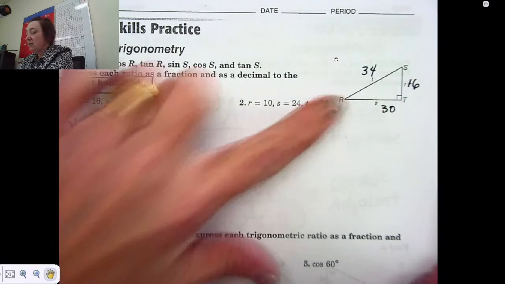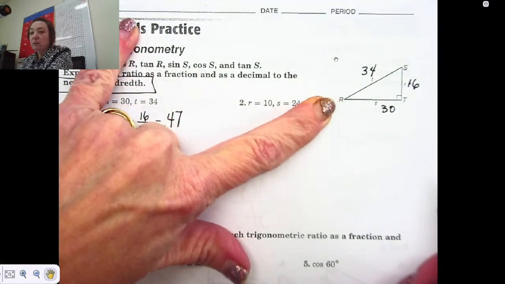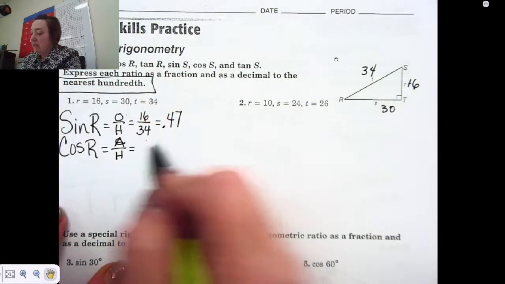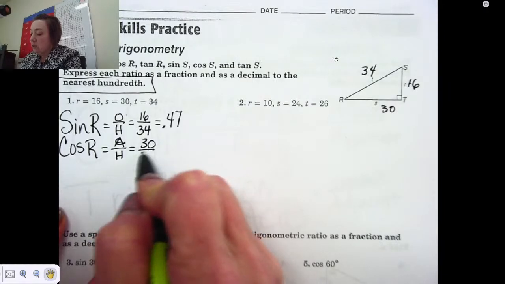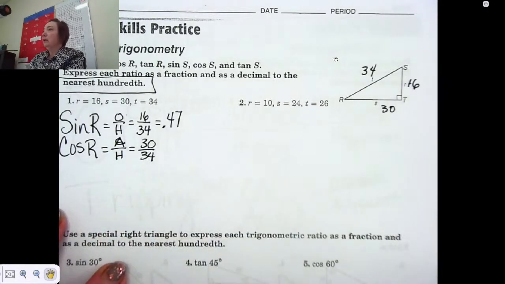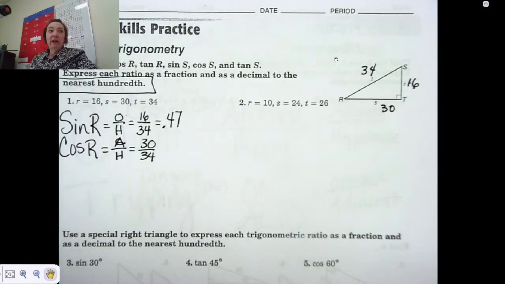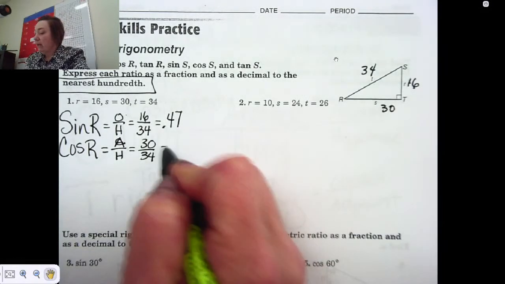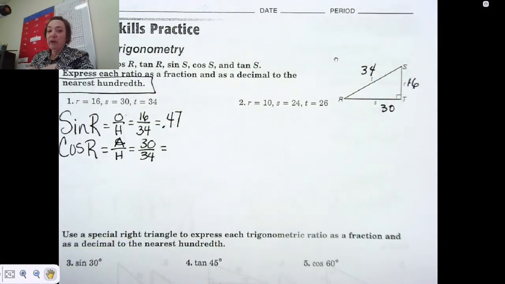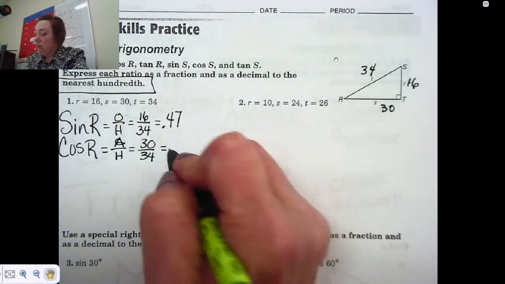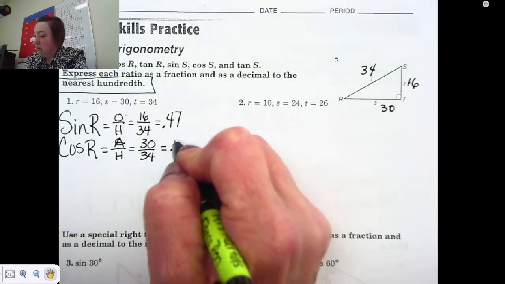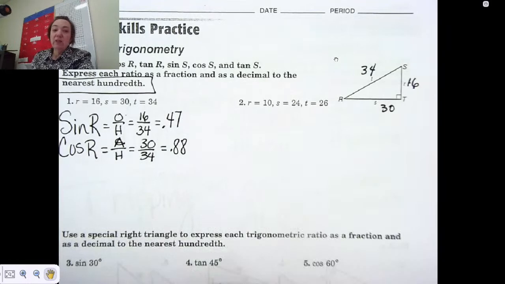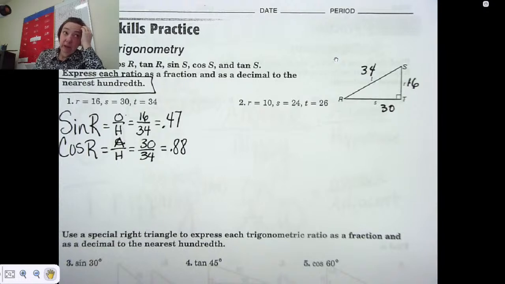What is the adjacent side to angle R? 30. And what's the hypotenuse? So it's 30 over 34, right? And of course we could simplify that, but we're just going to go ahead and divide it out today. So what's 30 divided by 34? 0.88, okay. So that's the ratio for cosine of R.